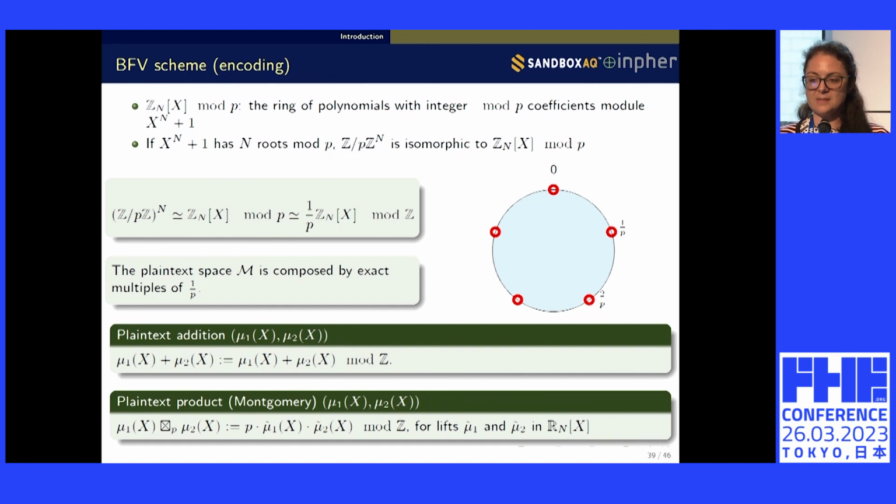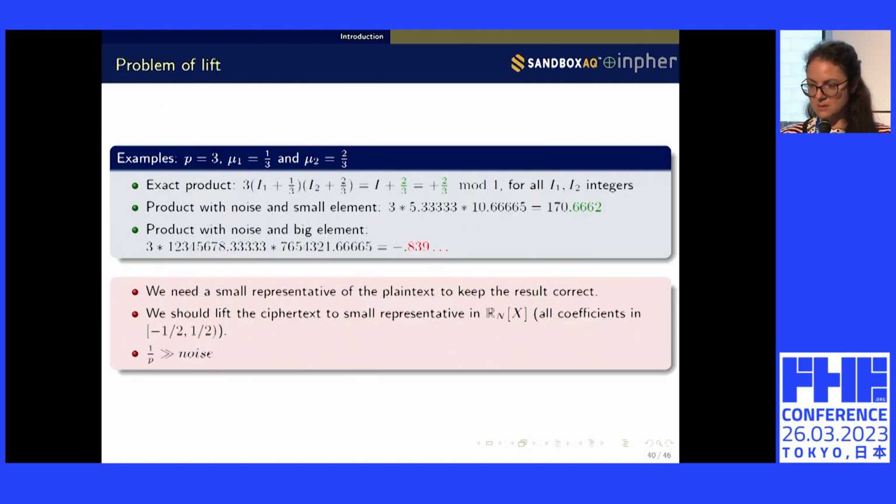Using this plaintext space, the plaintext addition is just a classical addition. For the plaintext product, we use the Montgomery style product. That means we will first lift our plaintext over the real polynomials and multiply by p. Here we have a small particularity.